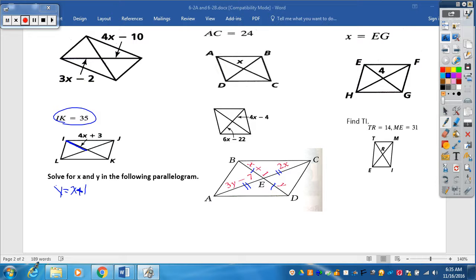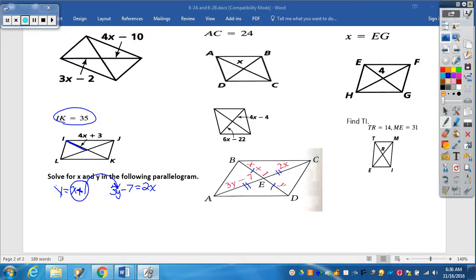And then the other equation is going to be 3y minus 7 is equal to 2x. Now there again are lots of different ways you can go about solving this type of problem, but I think the easiest way probably is to go ahead and substitute in this expression right here in for the y value over here.